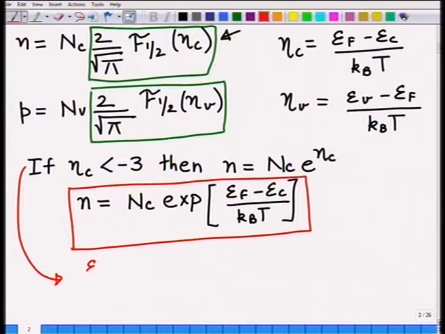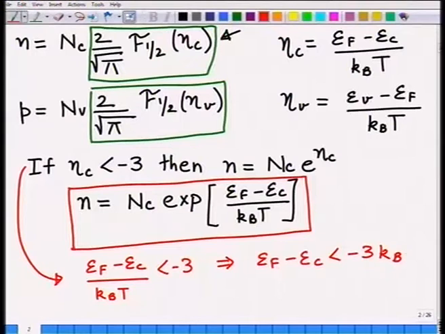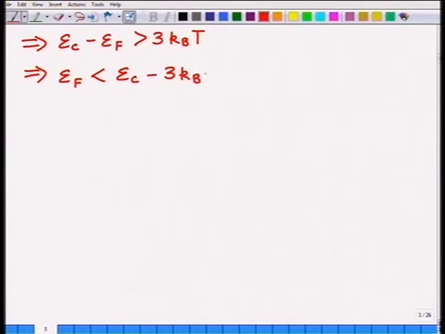The condition is that eta c, that is (E_f minus E_c) by k_B T, should be less than minus 3, which means E_f minus E_c should be less than minus 3 k_B T. I can write this as E_c minus E_f being greater than 3 k_B T, and that means the Fermi energy should be less than E_c minus 3 k_B T. So, that is what our requirement is. If so, then we are okay.